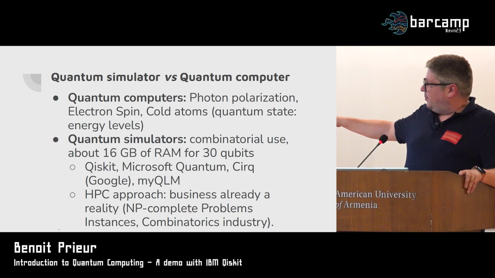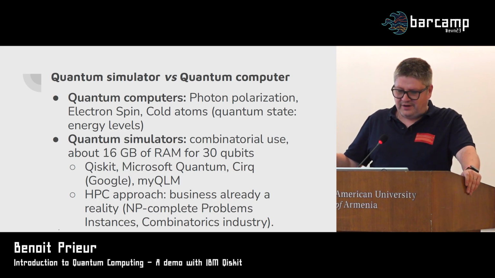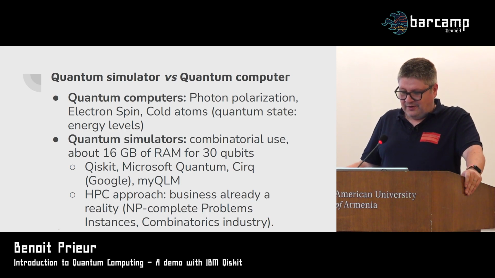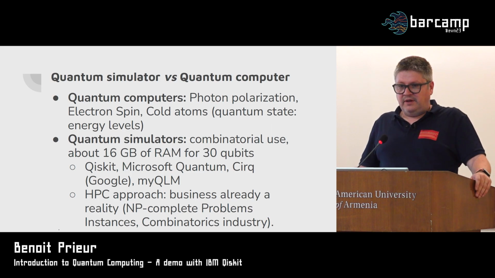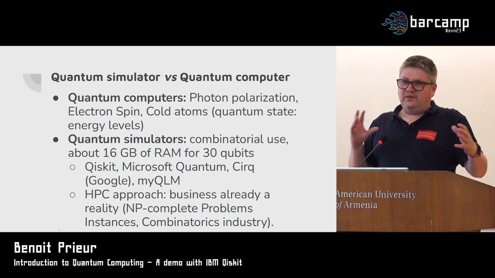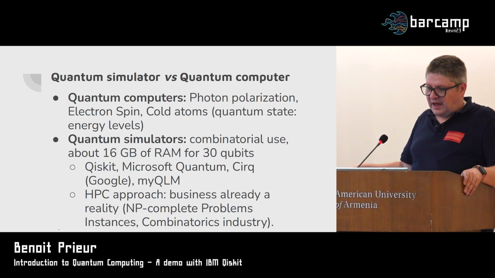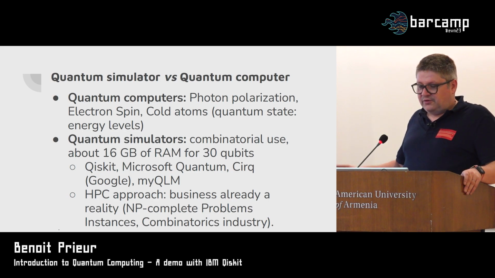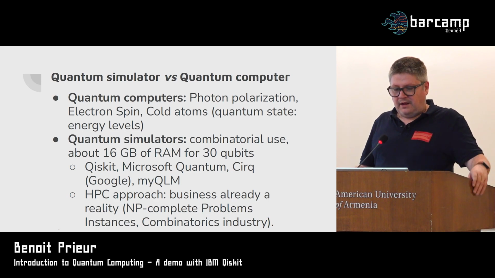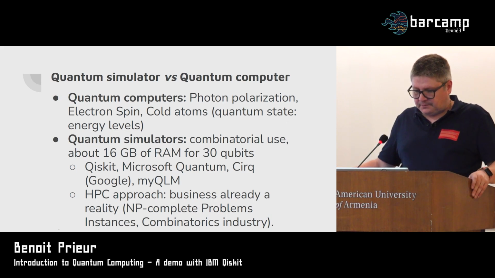There is myQLM, from Atos. It's European and a bit French. And you have a large offer to use. It's free. And there is a lot of interconnection among these solutions. So you can begin with IBM and try to use it with the Atos simulator. It's possible. Beginning from Google, you can also use some stuff from IBM.